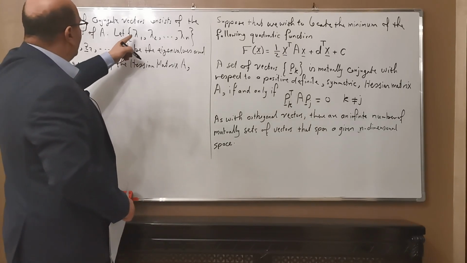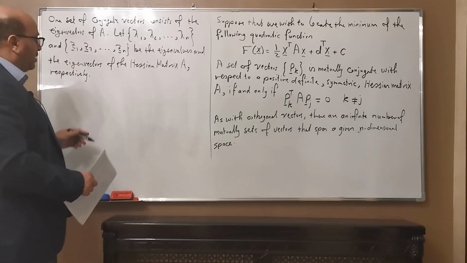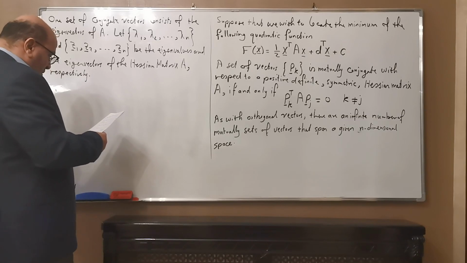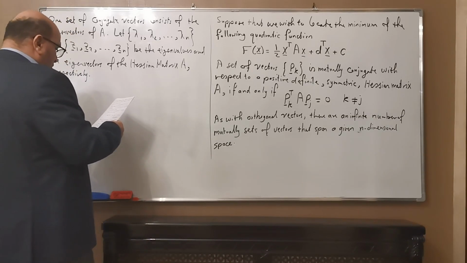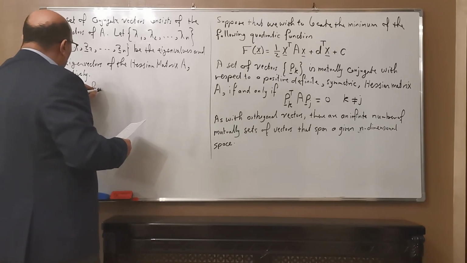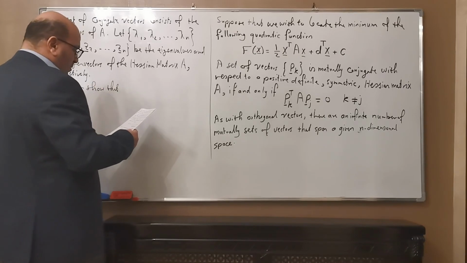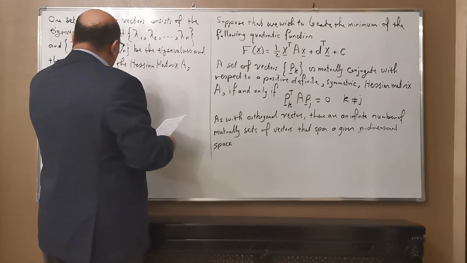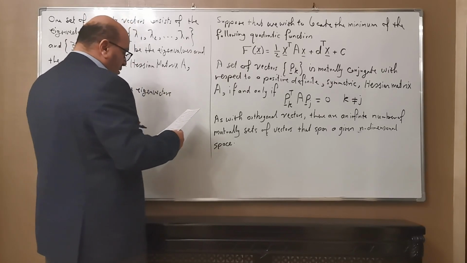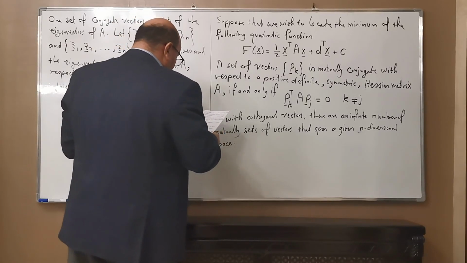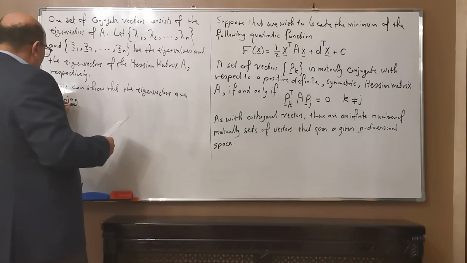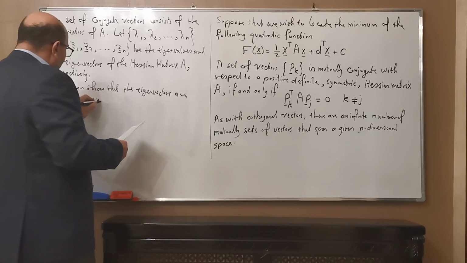What we mean by that, lambdas are the eigenvalues and the z's are the eigenvectors of the Hessian matrix A. We can show that the eigenvectors are conjugate vectors.